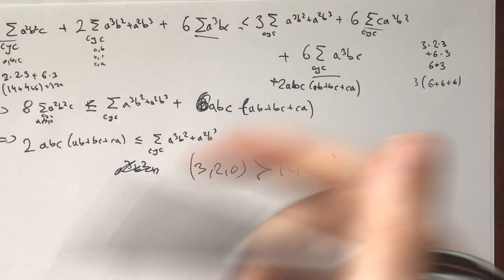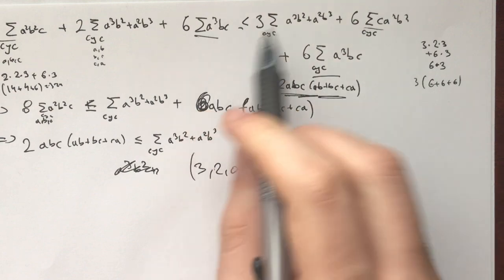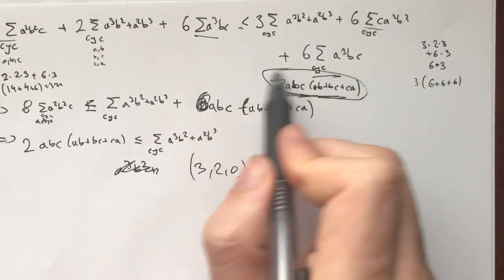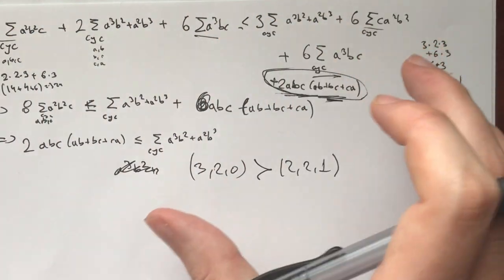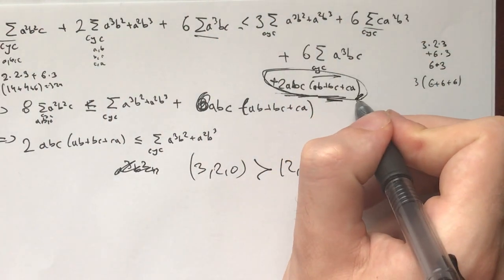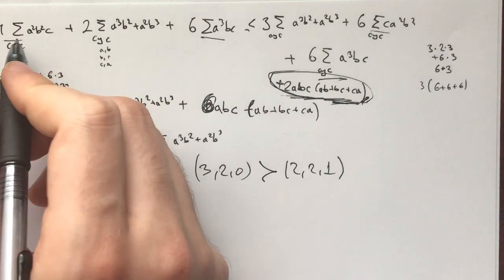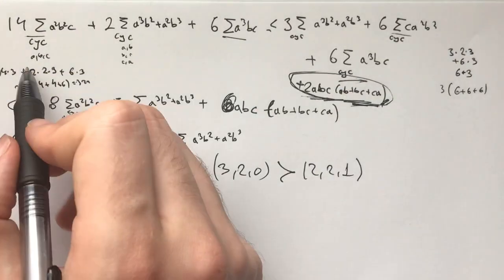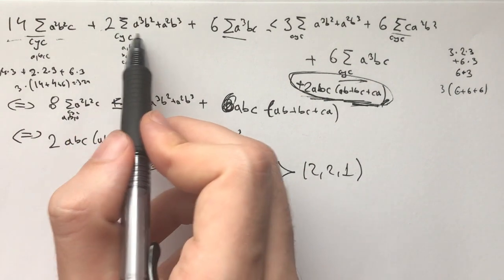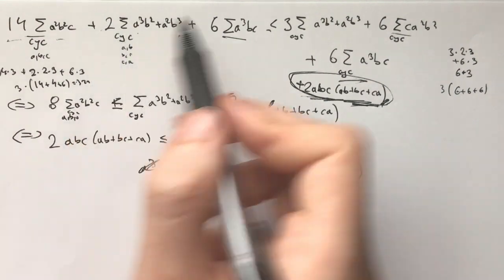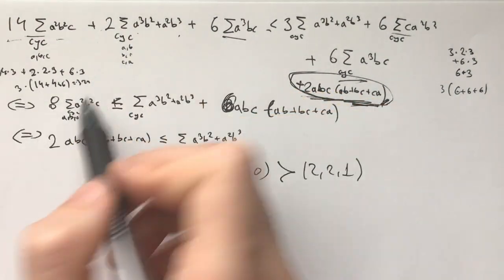And after some careful problem solving and calculating this algebraically and figuring out, I forgot this. And also I forgot this, and let me tell you the way I figured it out. I figured it out because I saw I had 72 terms on this side, and 72 is 14 times 3 plus 2 times 2 times 3 plus 6 times 3, that's 72.